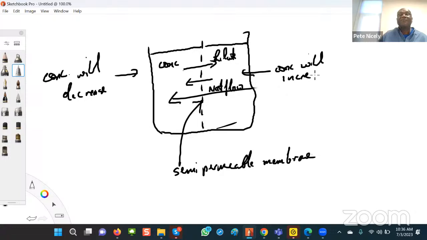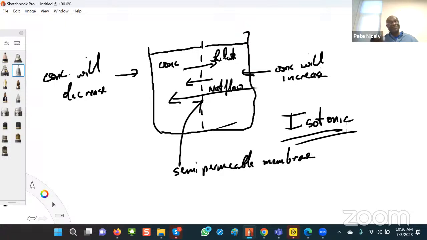All right. And that's basically what is happening in osmosis. And both solutions will change their concentration until both solutions are isotonic, right? And what that means is that the concentrations of both solutions will be the same. Okay. So that's basically the whole idea behind osmosis.